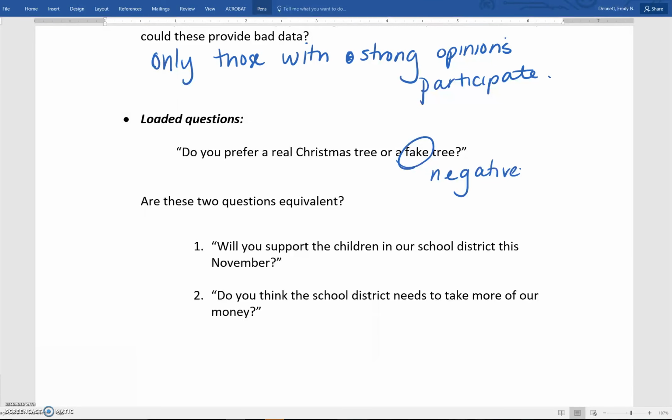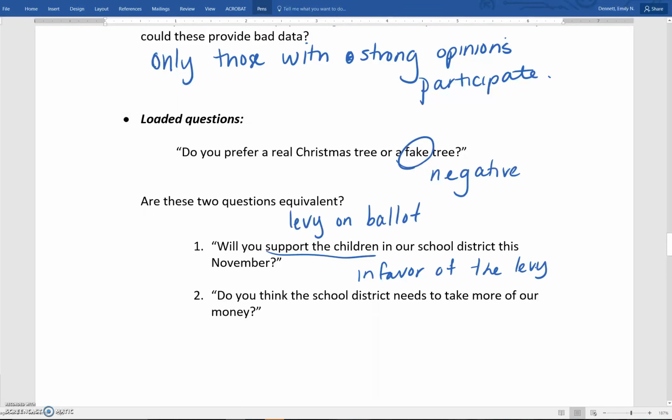Okay. So another way to see this is that these next two questions are really asking the same thing. The first one says, will you support the children in our school district this November? So if this was for a levy on a ballot, and they wanted to know how people are going to vote, well, asking people to support the children, you're trying to elicit people to say that they're in favor of the levy.